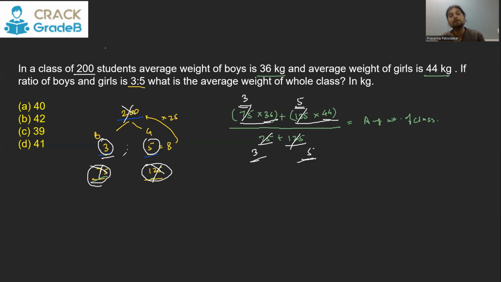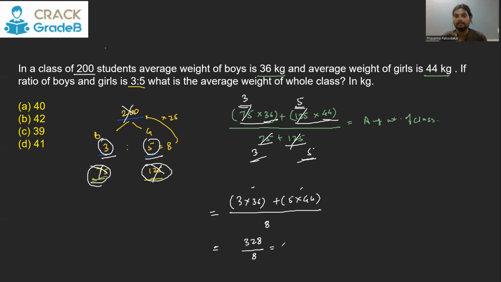You can say there are 3 boys and 5 girls. So 3 boys whose average is 36, the total will be 3 into 36, plus 5 girls whose average is 44, so the total will be 5 into 44, divided by the total number of students in the class, which is 8. So that becomes 108 plus 220, that is 328, divided by 8. So the average weight of the entire class is going to be 41.